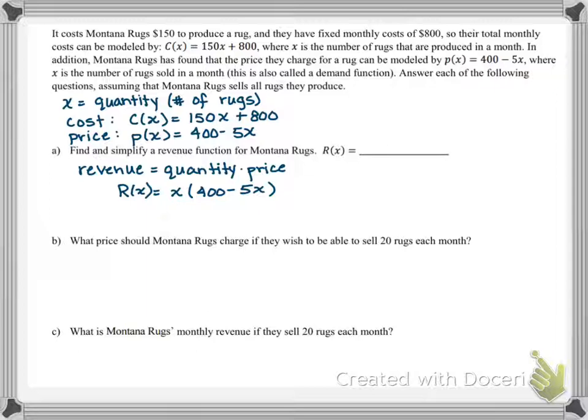That gives me R of X equals negative 5X squared plus 400X. So I'm just going to add that to my list.